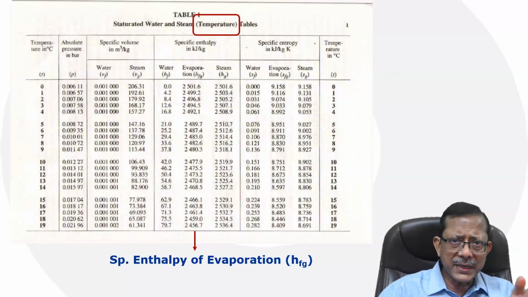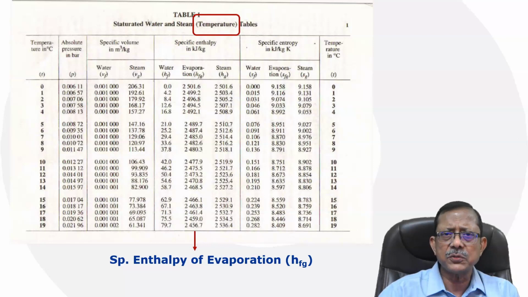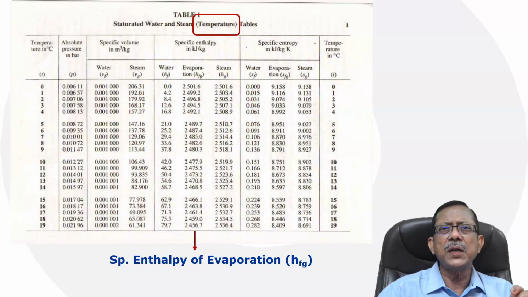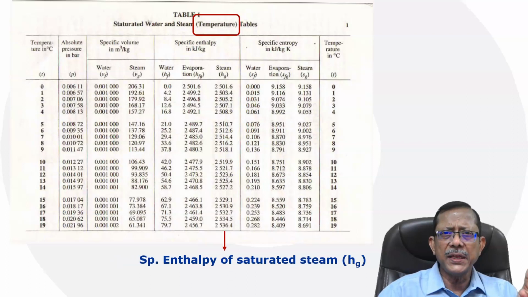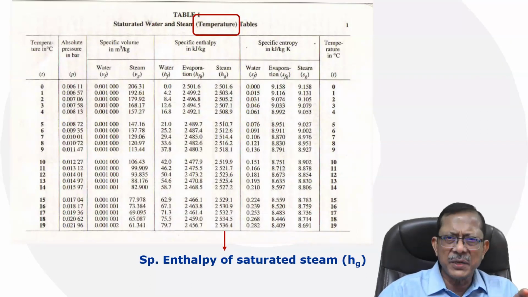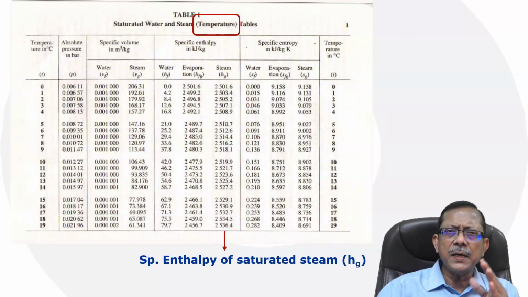That means from that saturation temperature, from the water condition to completely dry saturated steam condition, what is the latent heat requirement, is given here, denoted by Hfg. The first one, the saturated enthalpy of water, is Hf, and the specific enthalpy of evaporation is Hfg, and the last column is Hg, which is the enthalpy of saturated steam, which is nothing but the summation of Hf and Hfg.